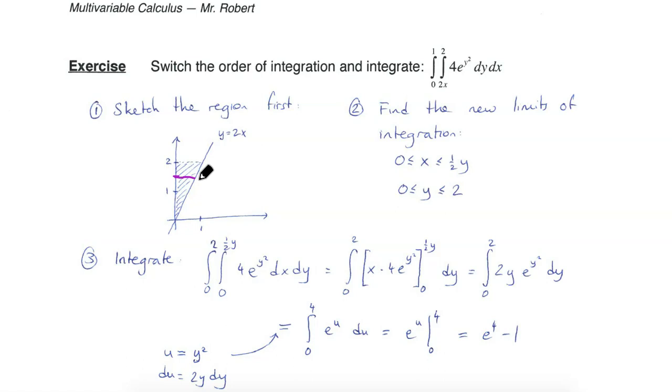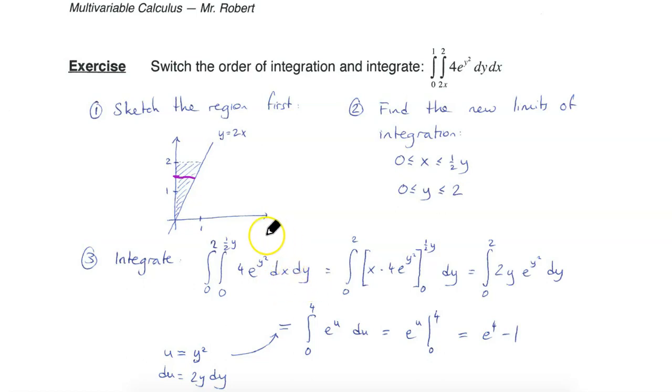So we are able to rewrite this integral. We integrate from 0 to 2, and then we integrate from 0 to x equals 1/2 y of 4e to the y squared. This doesn't change. What changes is that it's now dx dy.